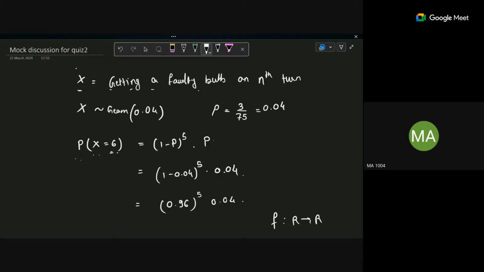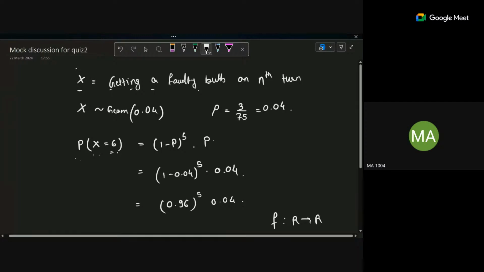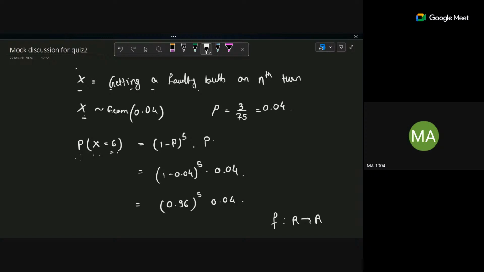Things like this are described by the geometric distribution. The probability is, out of 75 bulbs, 3 are defective, so 3 by 75 is p. As x follows a geometric distribution, the probability that x is equal to 6 is given by (1 minus p) raised to the power k minus 1, into p.